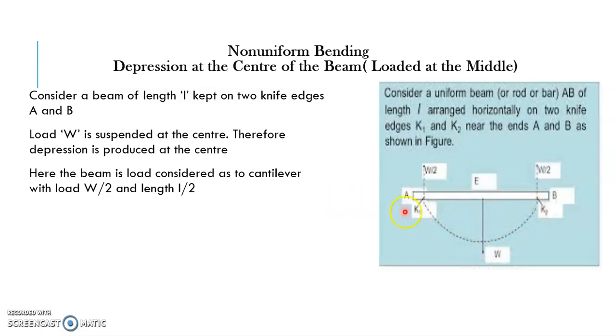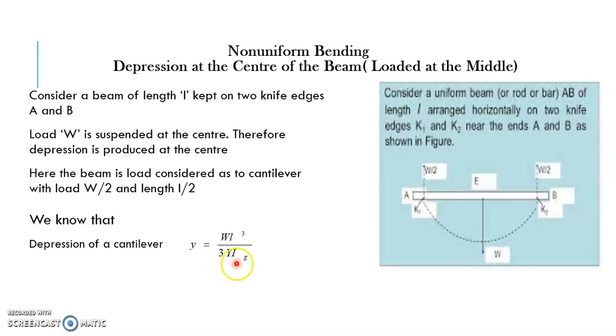One end is A, another end is B. The weight is at the center. Therefore, the beam is considered as two cantilevers. That means the weight is converted into the load, one end W by 2, other end W by 2. The length is split, one half of the beam is L by 2, another half is L by 2.